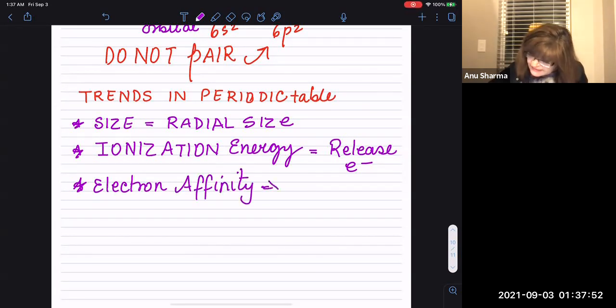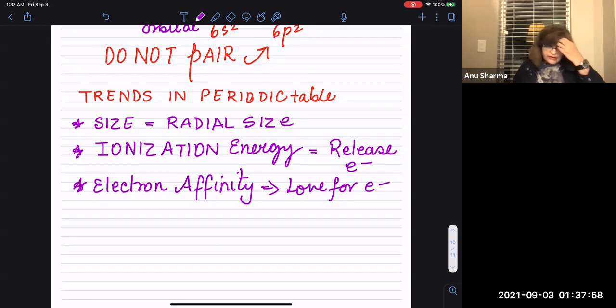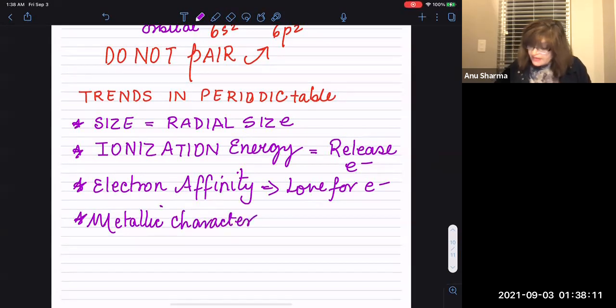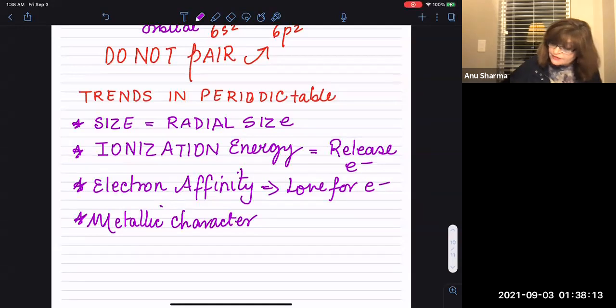Electron affinity is love for electrons. All right, and then we also have the metallic character, like the size is increasing. So metallic character increases or decreases, meaning it acts more like a metal.